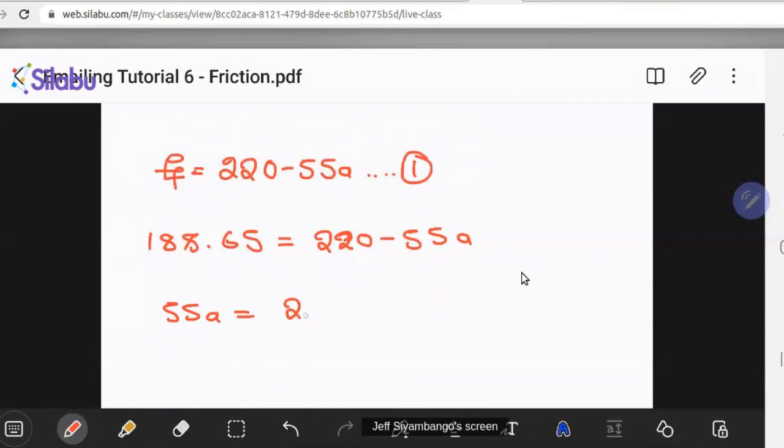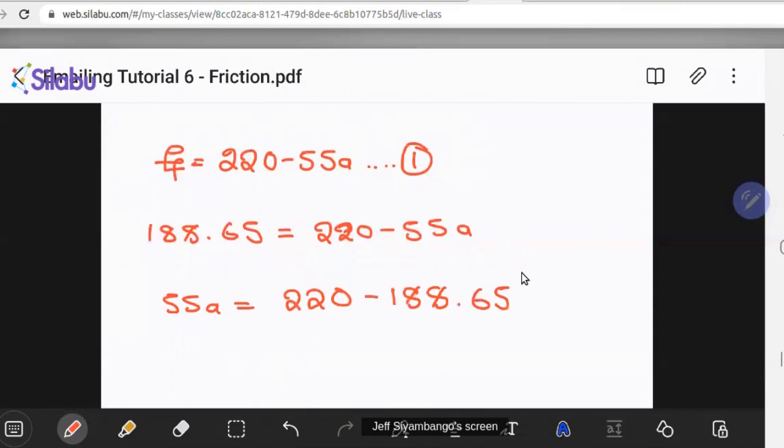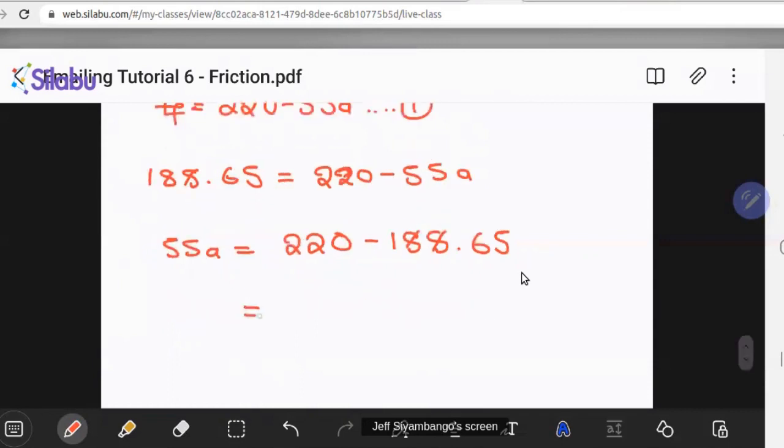So I have 220 minus 188.65. If I get the difference here, we get 31.35.